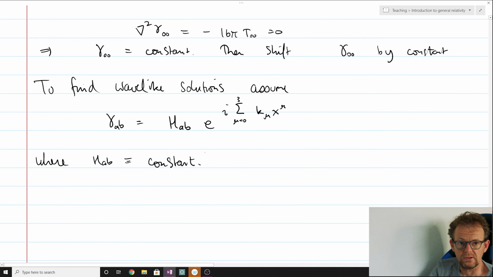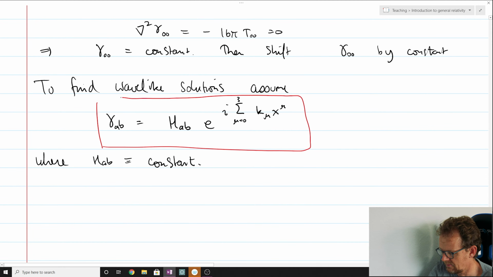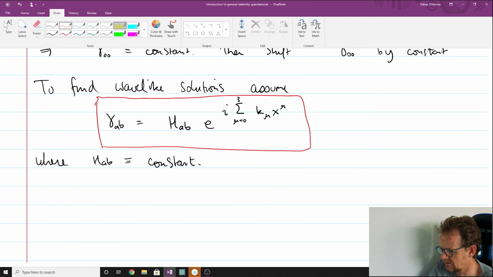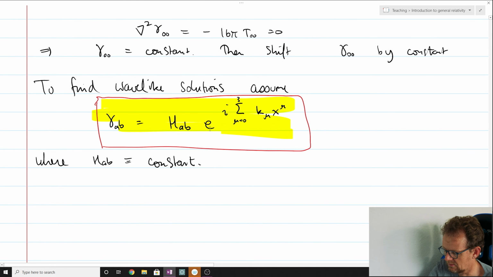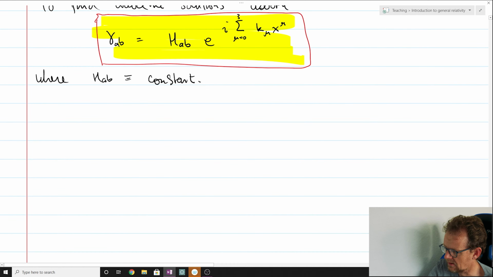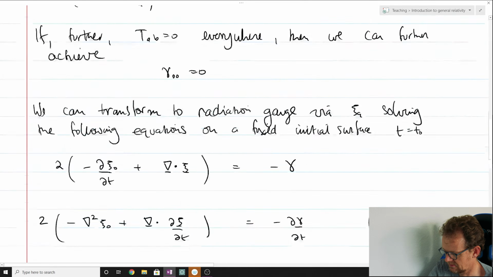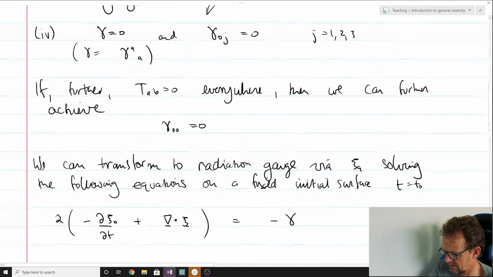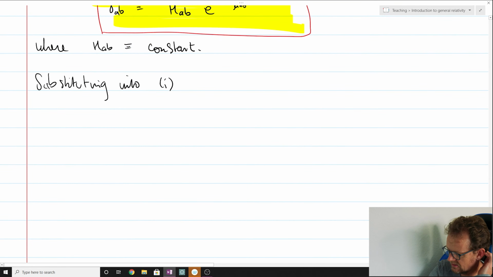And we substitute it into the linearized Einstein equations. So that's our assumption, that we have a wave, and then we're going to substitute that into linearized Einstein's equations and hope that we find a wave. So substituting into linearized Einstein equations, which I believe I've labeled 1 today. Well, okay, firstly the gauge condition.